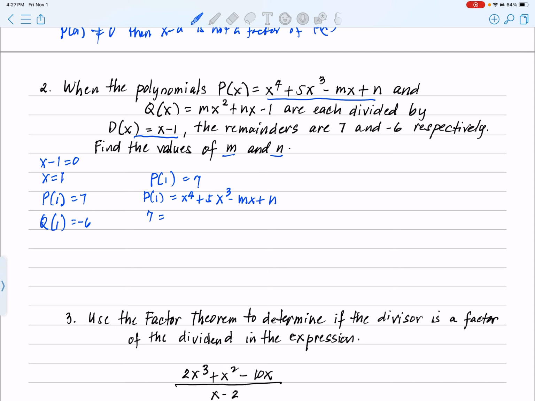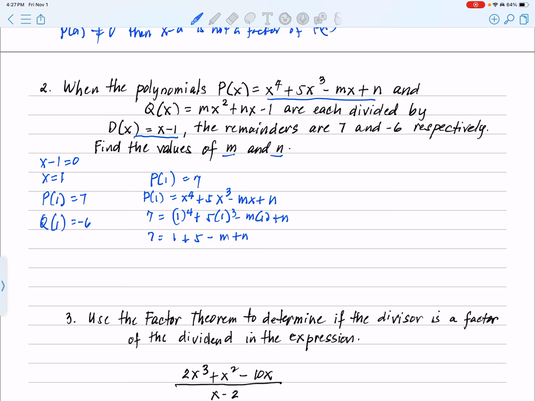I will replace x with 1: 1 to the 4th power, 5 times 1 to the 3rd, minus m times 1 plus n. Okay, so this will be 7. 1 to the 4th is 1. 5 times 1 is 5. M times 1 is m, plus n.